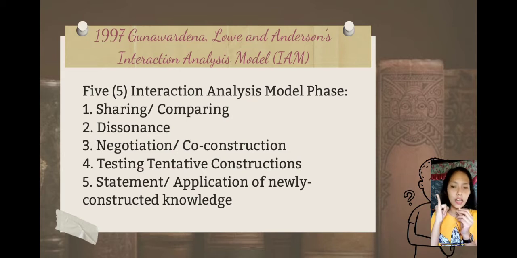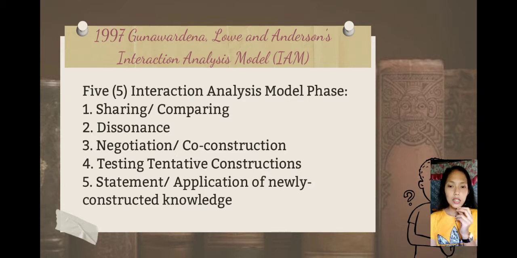Number 1 is sharing and comparing, which refers to the statement of observation or opinion, as well as the statement of agreement between the participants. The next one is dissonance, with the operation of identifying areas of disagreement, asking and answering questions to clarify disagreements. The third one is negotiation.